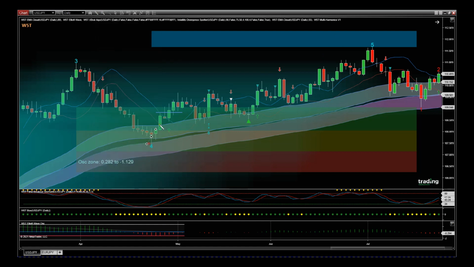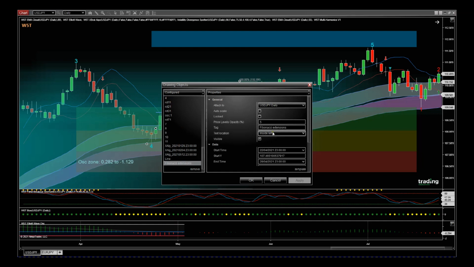We'd click just below the wave 4, second click on the entry, third click on the entry as well, a little bit further along, and then we can just adjust that to give us what they are. And to be honest, a risk to reward with a 5th wave move has to be above 1 to 1.6.